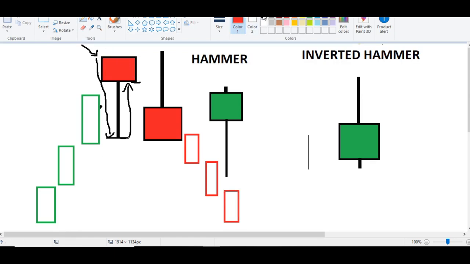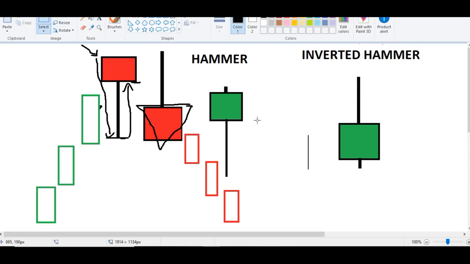And one very easy way of remembering this is wherever you see the body, this red portion, simply draw a down arrow like this. If you draw a down arrow like this, you can clearly see that this turns into a down arrow. And if this is pointing down, that means it is pointing for price to move lower, right? So whenever you see either of these at the top of a trend, it is a good sign that price may reverse, right?